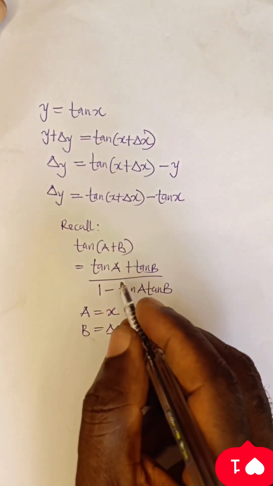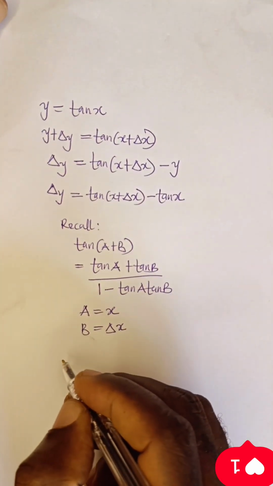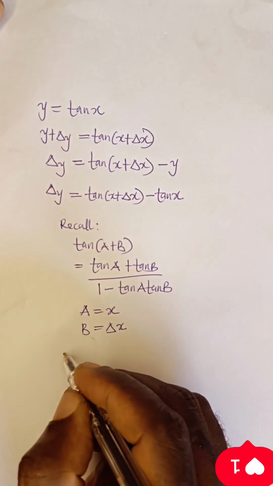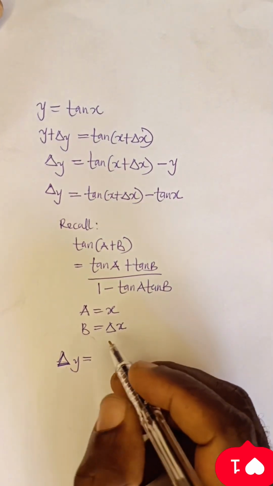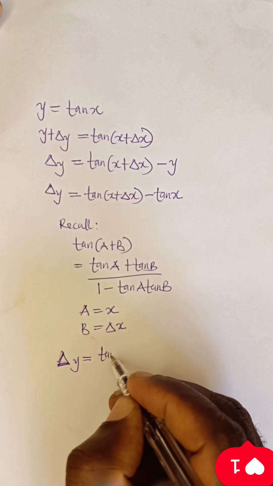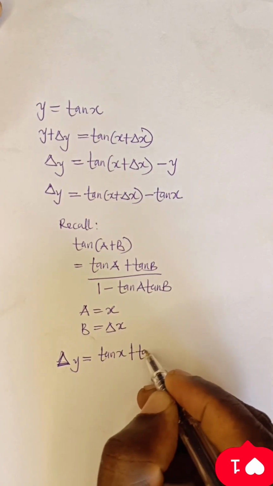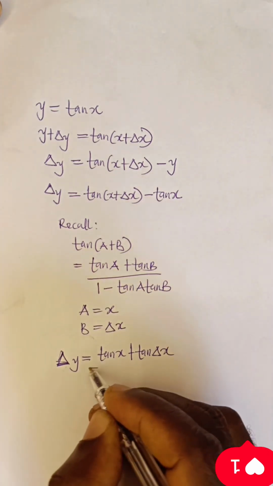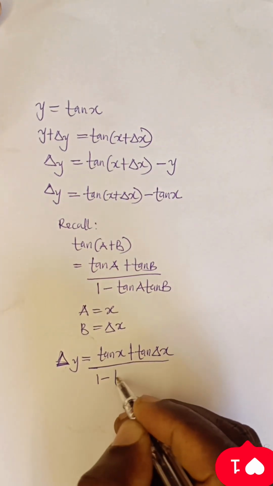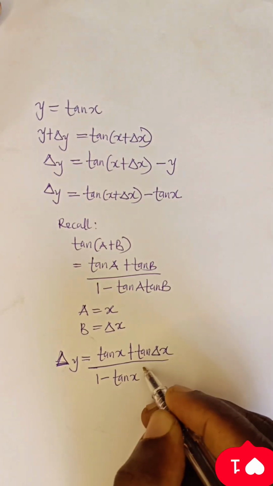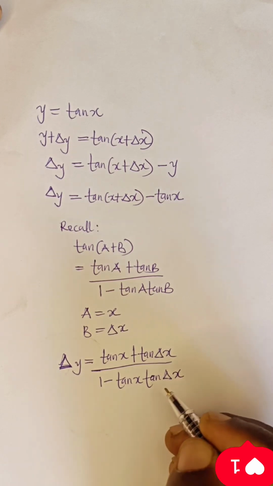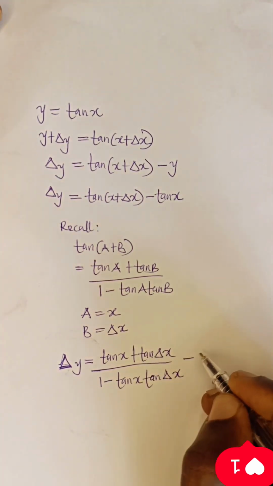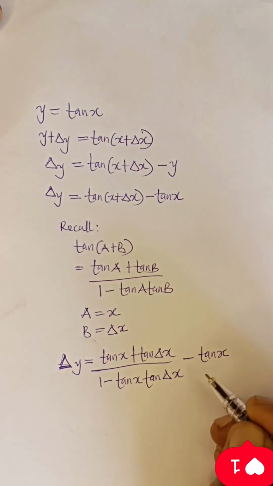So replace them with this identity. That means change in y is equal to (tan x plus tan change in x) over (1 minus tan x tan change in x) minus tan x.